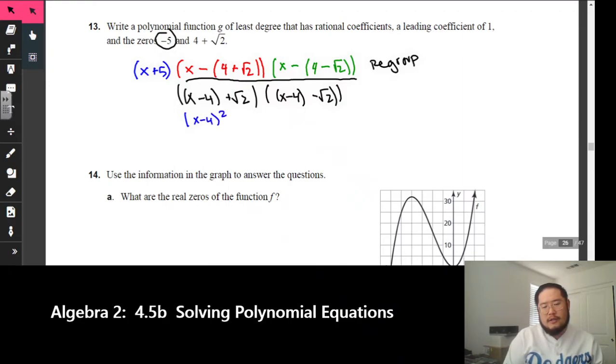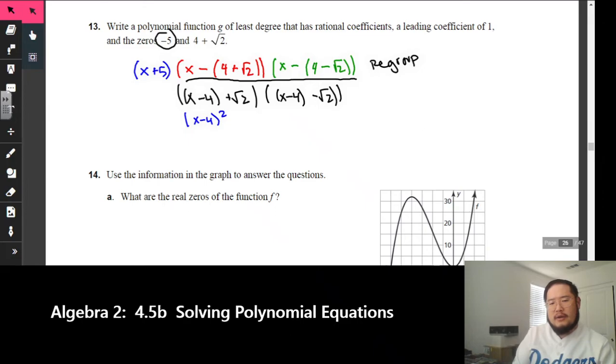The outer terms and inner terms will cancel out because I have a negative rad 2 times x minus 4 and then a positive rad 2 times x minus 4. So why we always use the irrational root theorem is that the outer and inner terms when we FOIL will cancel. And so I'm not going to write that down.